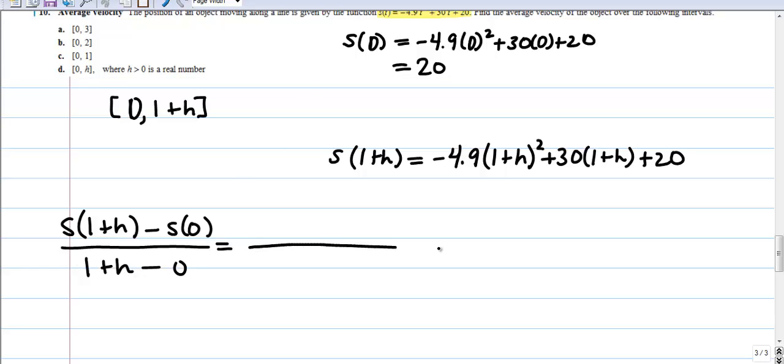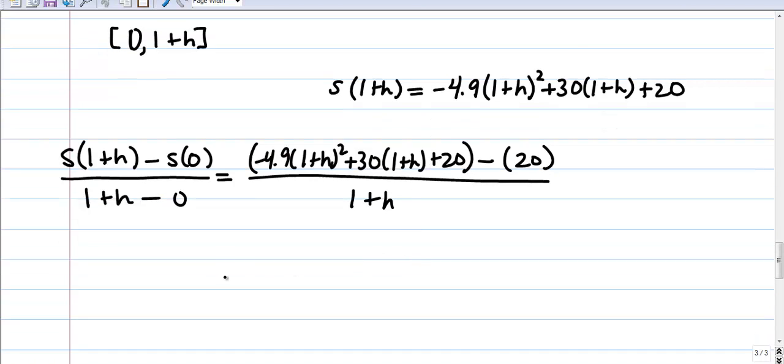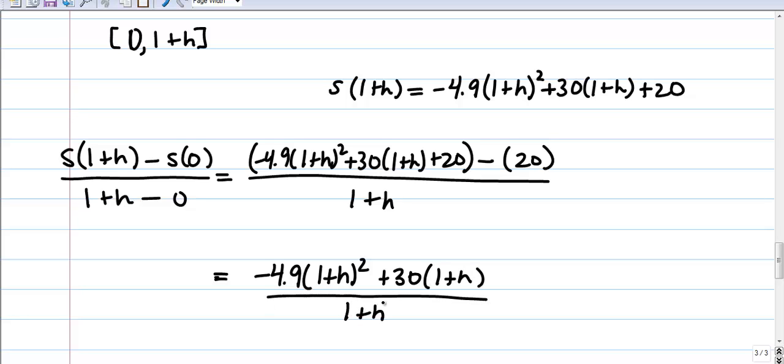What's going to happen here is I'm going to have all of this mess right here, the negative 4.9, 1 plus h squared, plus 30 times 1 plus h, plus 20, minus 20 over 1 plus h. Now, the 20s are going to subtract off in the top, and that's going to leave me with negative 4.9, 1 plus h squared, plus 30, 1 plus h, divided by 1 plus h.